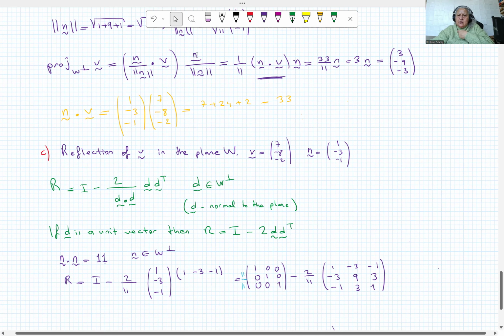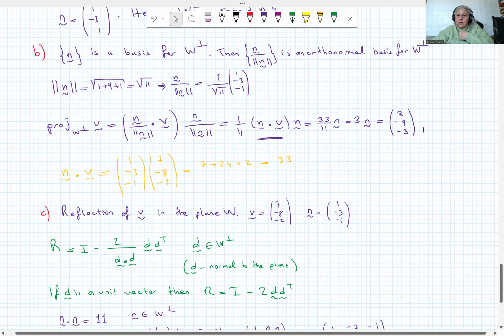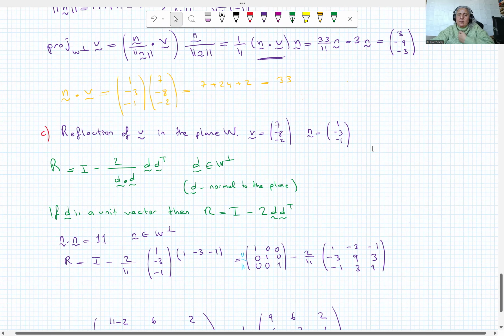So the unit vector corresponding to this one is this vector, which is 3, minus 9, 3. But if you take the 3 out, n dot n will be 11. So that's 11 here. Then you have 1, minus 3, minus 1, and then you have the transpose of this one.